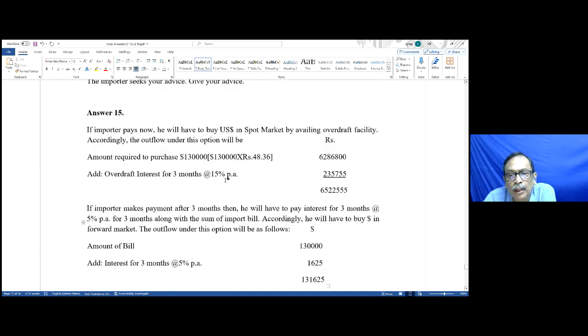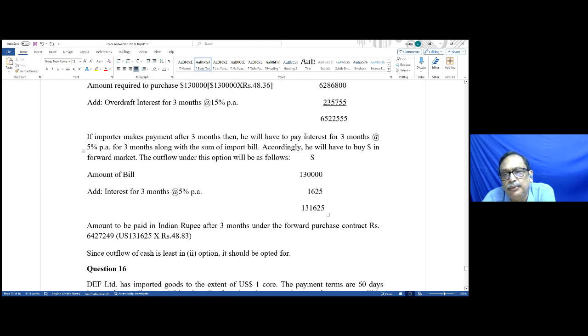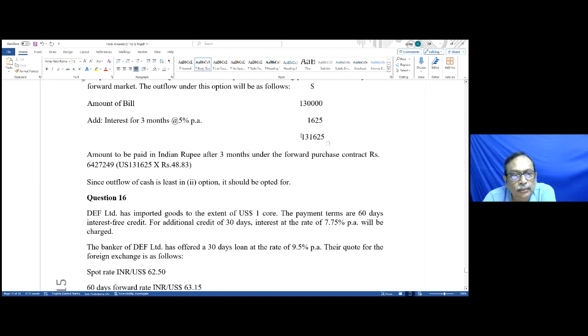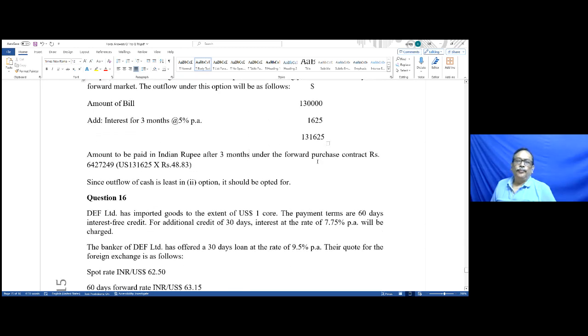Now we have two figures, 6,522,555 and 6,427,249. So the cash outflow is lesser in the second option, and hence the same should be adopted.